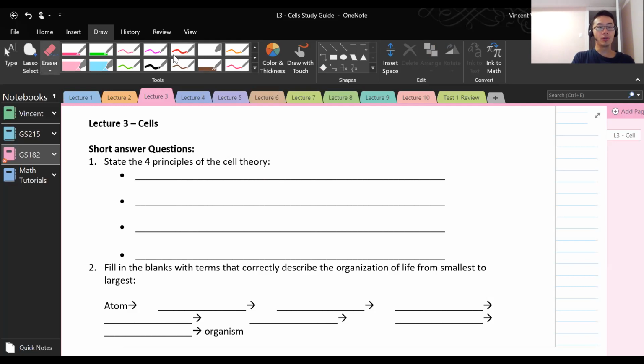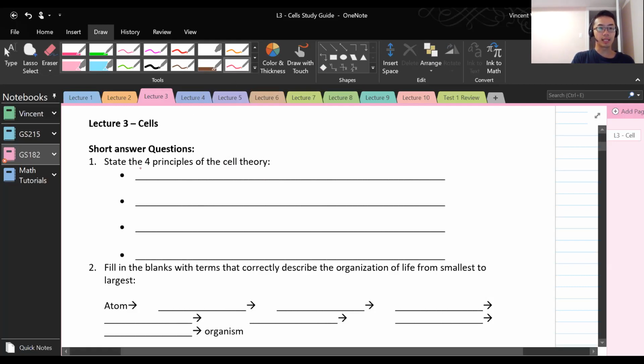So let's take a look at what the cell theory is. The first one is that every living thing or organism consists of one or more cells.